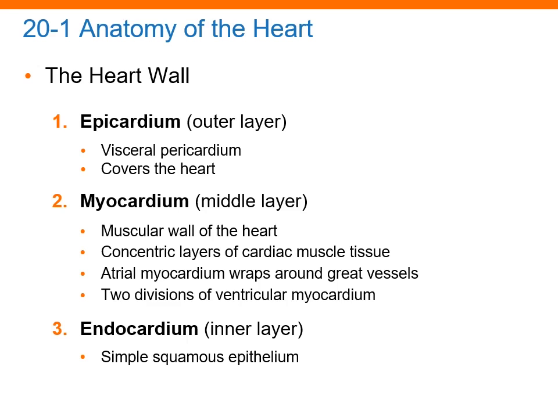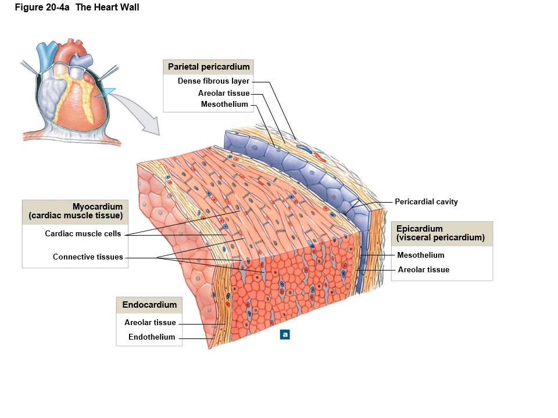You don't have to memorize the cell type there, but just understand that the endocardium is the very inside, which is actually in contact with the blood in the chambers, right? And the myocardium is the bulk of the muscle, and the epicardium is the outside. So like anything, epi is generally on the outside, and endo is generally on the inside.